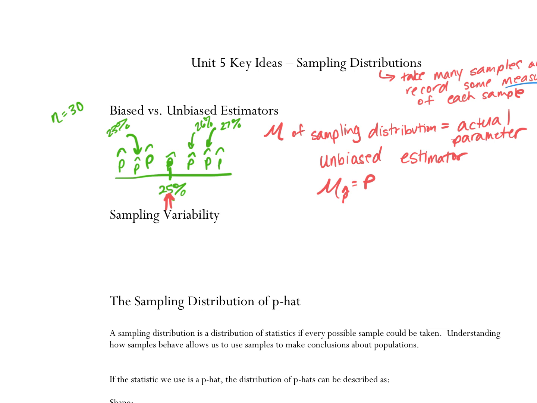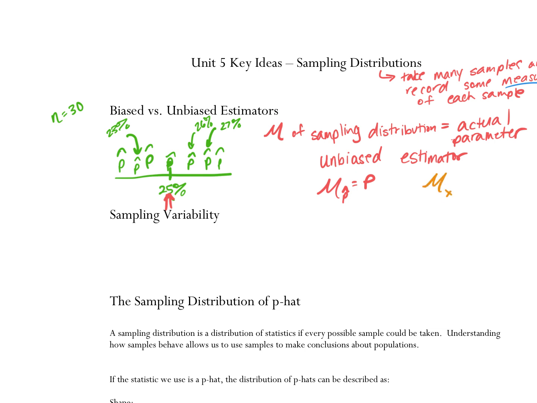So when we talk about bias in terms of our estimator, not all good measurements from a sample are good measurements of a population. The example we used in class was the range. The range of your sample is very likely to be smaller than the range of your population. So the sample range is not a good estimator of the population range. As you'll notice, we've spent a lot of our time talking about the sampling distribution of p hat and the sampling distribution of x bar.